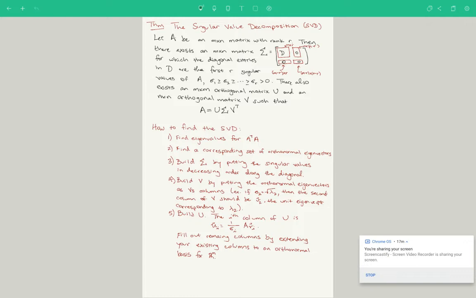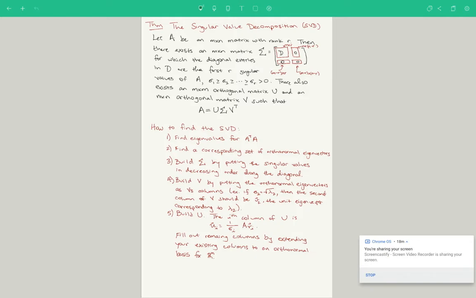Don't worry too much about this step. We don't actually have the tools to be able to do this, and I won't ask you to. So if I do ask you to find a singular value decomposition, it will just be: find the eigenvalues, find the eigenvectors, and then the U's will just be 1 over sigma_i times A v_i.